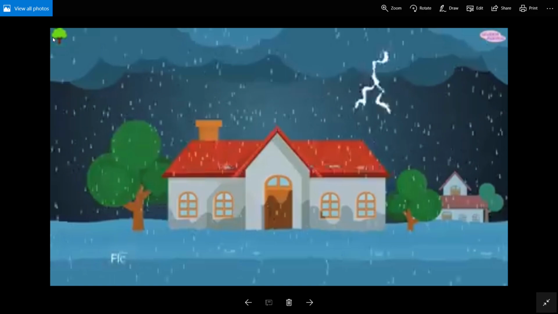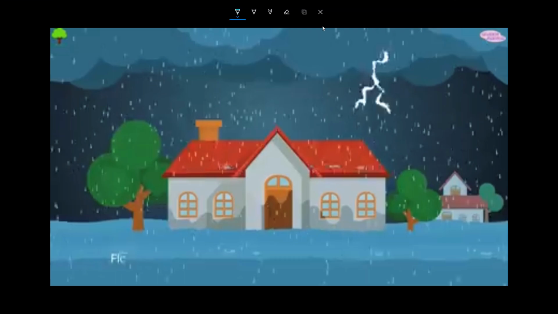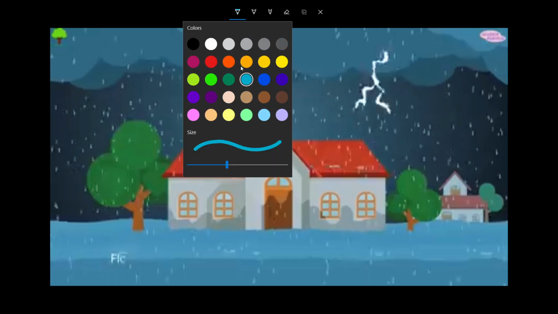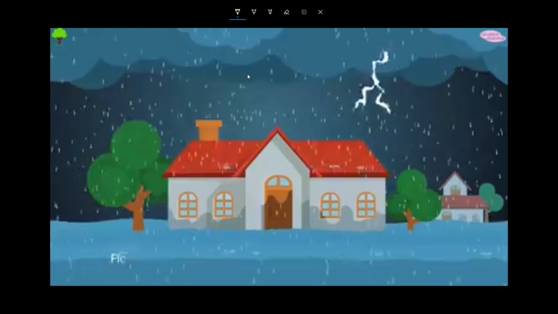So what is flood? Let's talk about the definition first. Flood is a natural phenomenon in which a dry area or dry piece of land suddenly gets submerged under water. So what does it state? Basically, this entire thing is a dry piece of land, right?